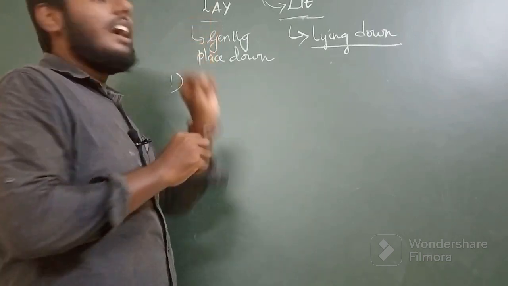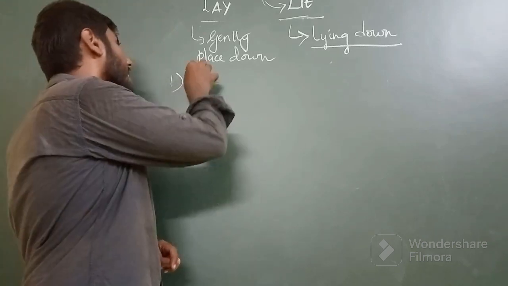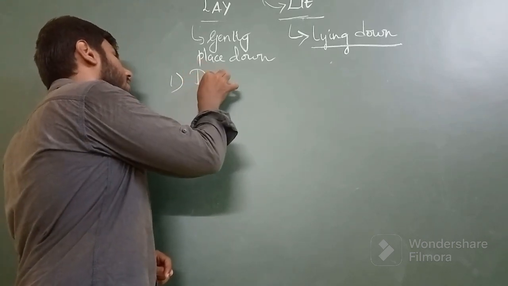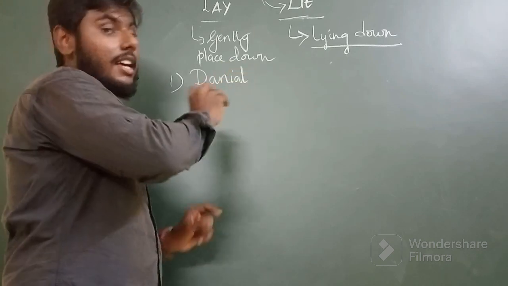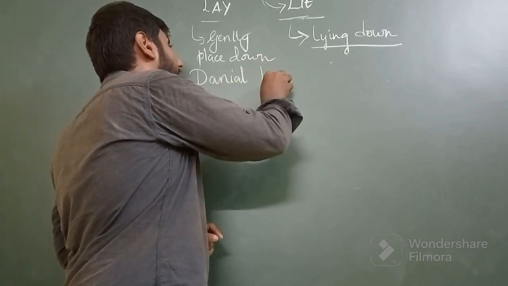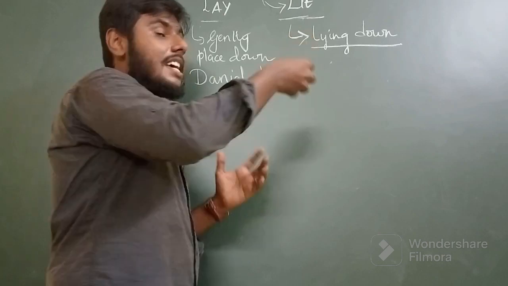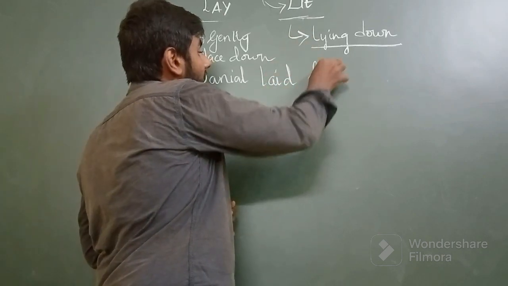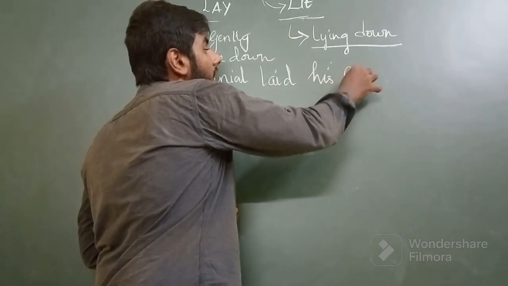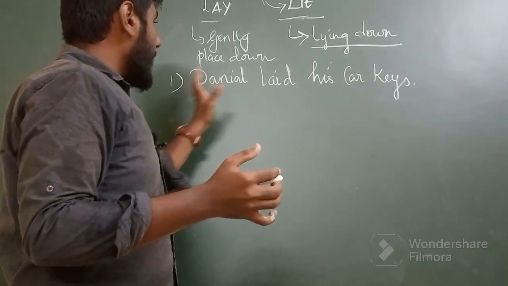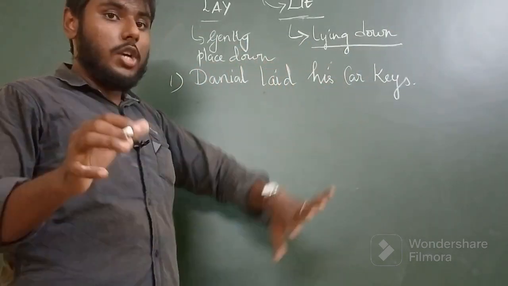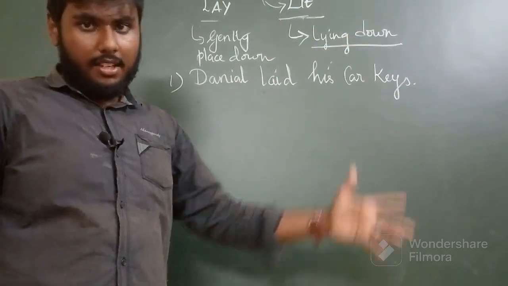So first for lay. Daniel laid his car keys, which means Daniel has laid his keys gently onto a holder or something like that.